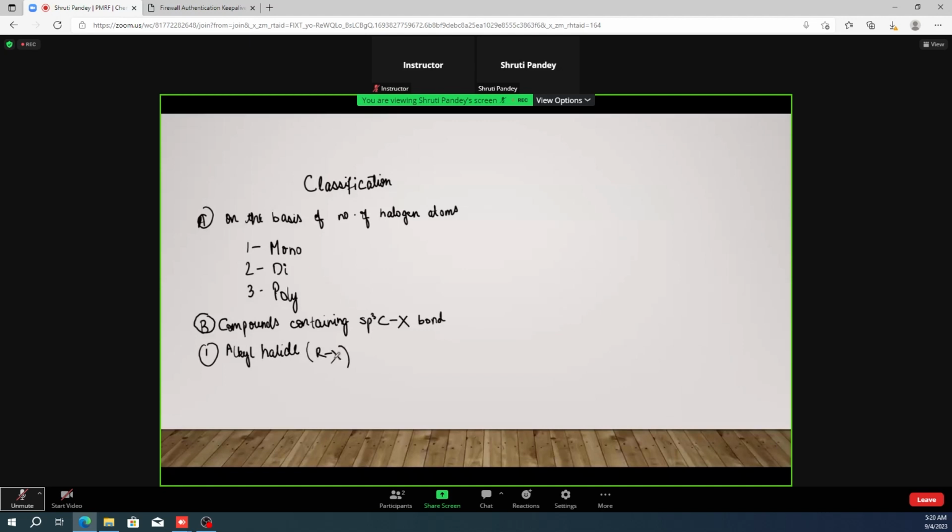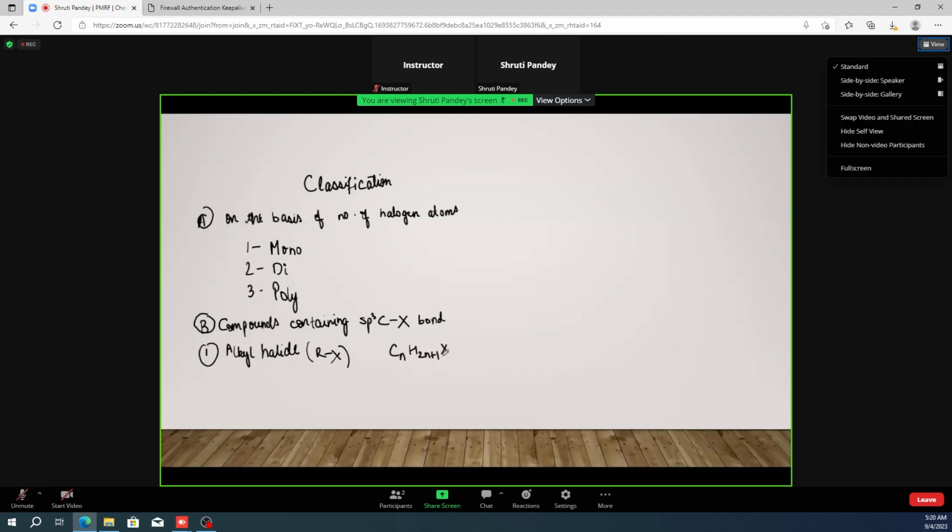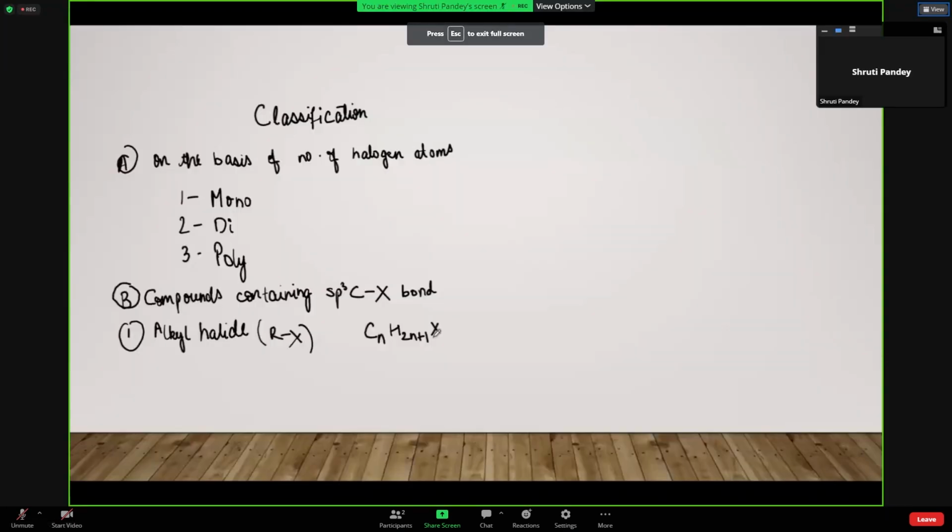R represents the alkyl group and X represents the halogen. ठीक है, so this is a homologous series. और जैसे हमने alkanes और alkenes में आपने पढ़ा होगा कि alkanes को हम लोग represent करते हैं CnH2n+2 से, वैसे ही यहाँ पे हम लोग इसको represent करेंगे CnH2n+1 X से. Why? क्योंकि वो जो 2n+2 में मतलब नंबर ऑफ हाइड्रोजन एटम्स थे ना, उसका एक हाइड्रोजन हटा के हमने एक हैलोजन लगा दिया है, तो वो 2n+1 हाइड्रोजन बचा है. ठीक है, so this is the homologous series.